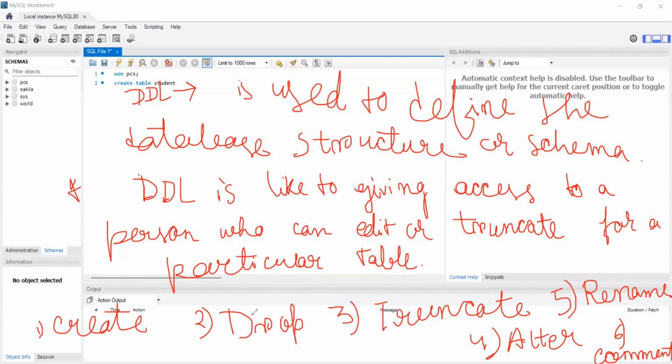Drop and truncate both act for removing, but what is the difference? Truncate deletes permanently, but drop deletes temporarily.